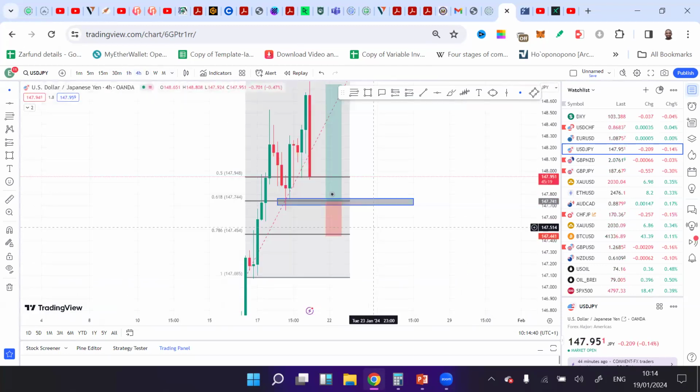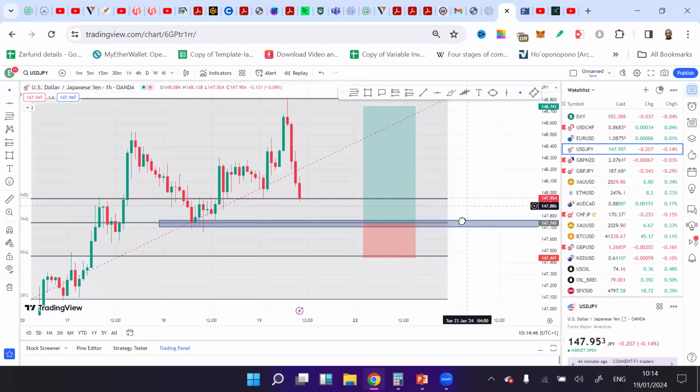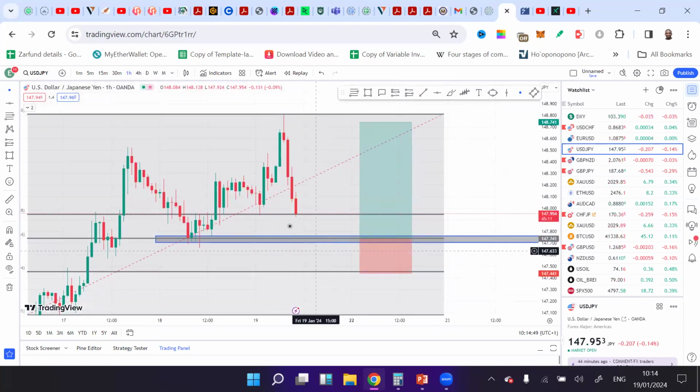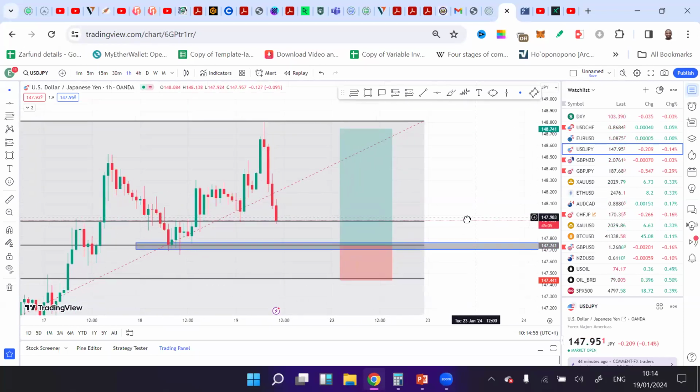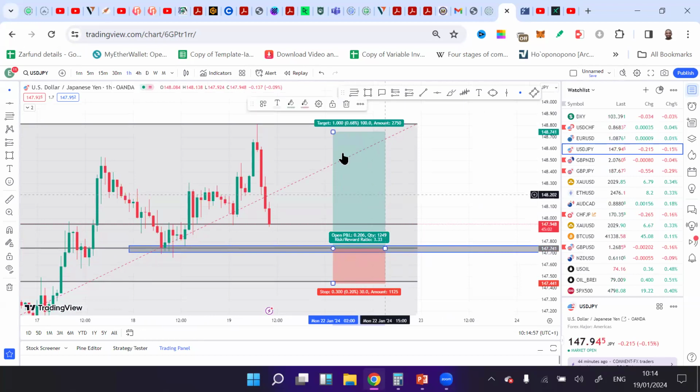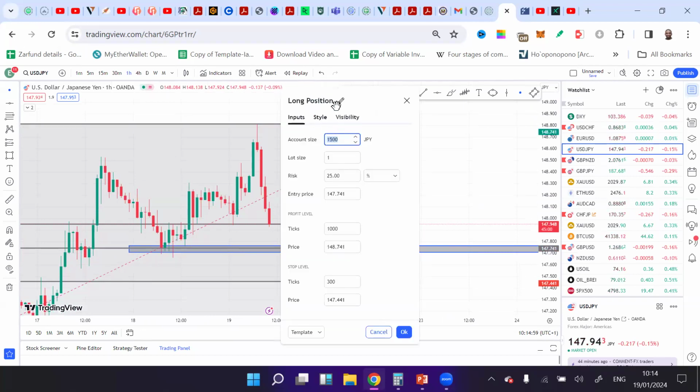The downtrend has not resumed yet, right? That's the reason why we're looking to get on a buy around this area. So yeah, that's the target we have on this trade right now. Let's see what our parameters are.